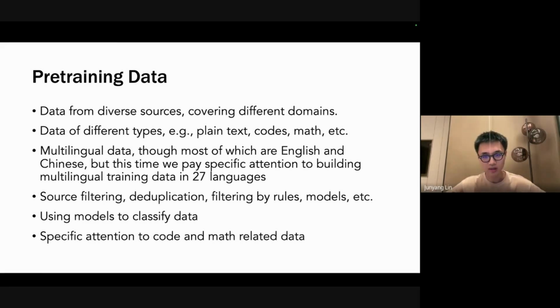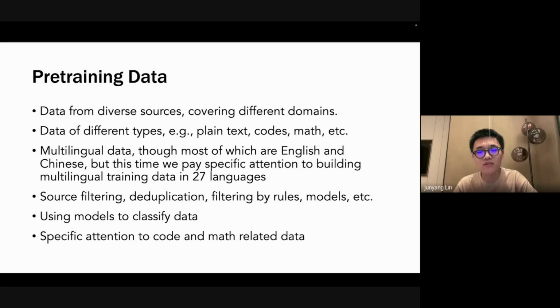So actually, you have a large pool of data to get. If you know about CC, Common Crawl, there are a lot of data there. But actually, finding the gold there is not that easy to do. There are a lot of types of data, including plain text, code, and mathematics, but we pay special attention to code and math this time.